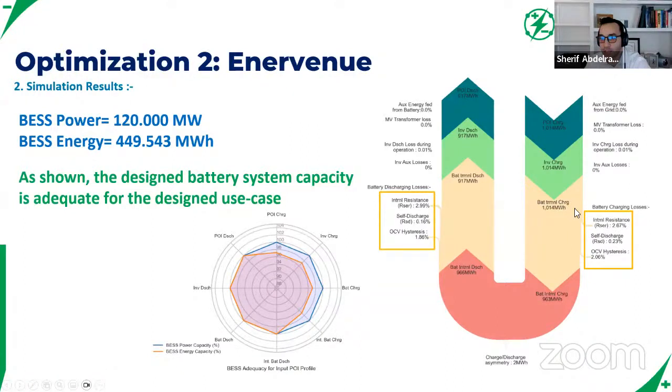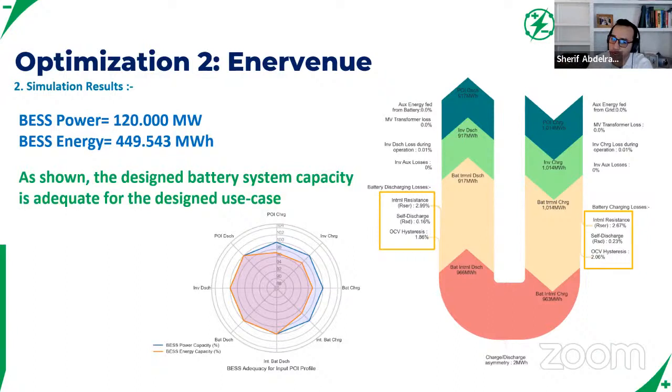What you see here is that within the battery, you're getting more defined and more significant losses, both when charging the battery and when discharging. So not orders of magnitude, but significantly more than lithium. What you see here as well is the energy capacity in this adequacy radar went down a bit, and that's because the system that we defined here is much less efficient than lithium.